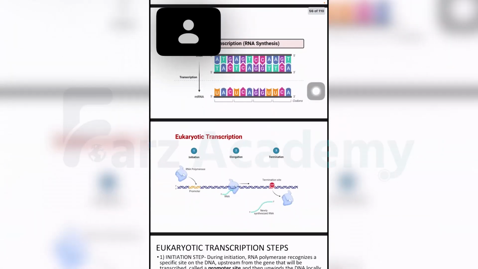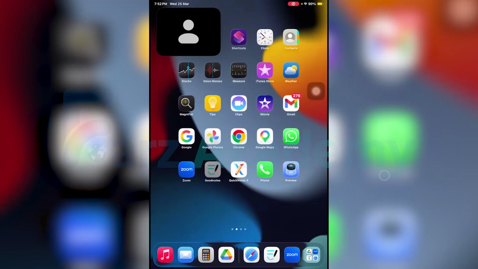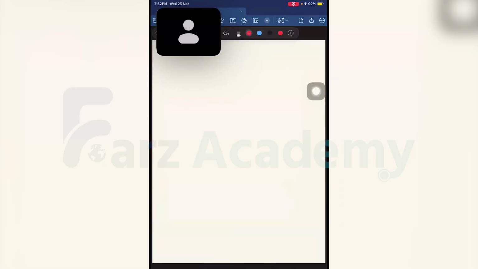When I come to transcription, it is the synthesis of RNA from DNA in the same sense. Complementary nucleotides would be added and there will be synthesis. So on the basis of this, what would be the DNA complementary strand? Now this is a DNA.